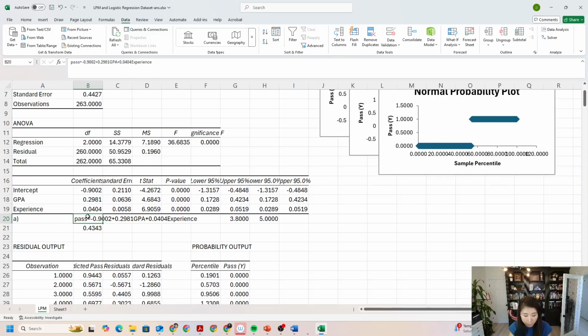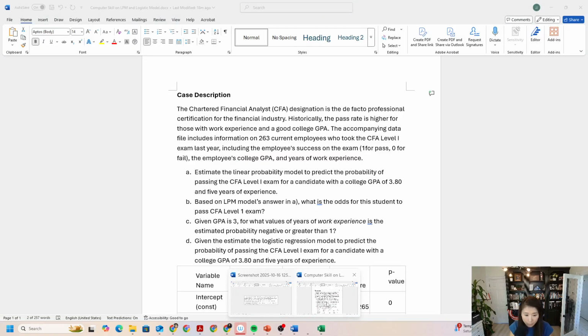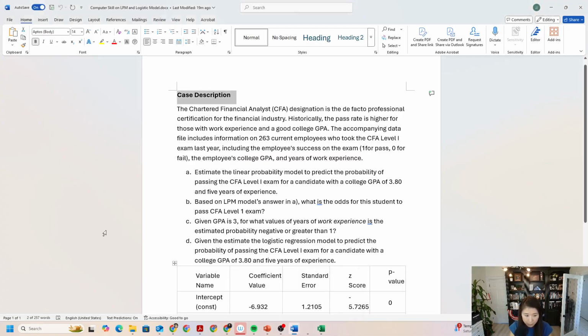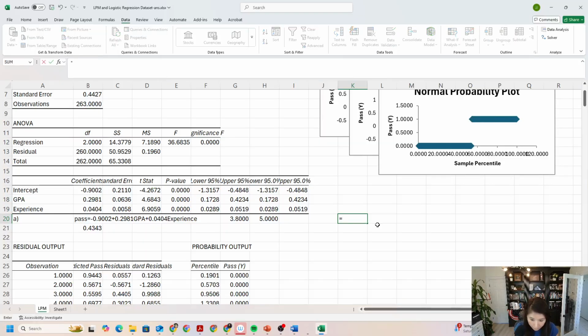Okay, so first of all, to answer this question, we need to plug in the value GPA equal to 3 first, because the question said given the GPA of 3.